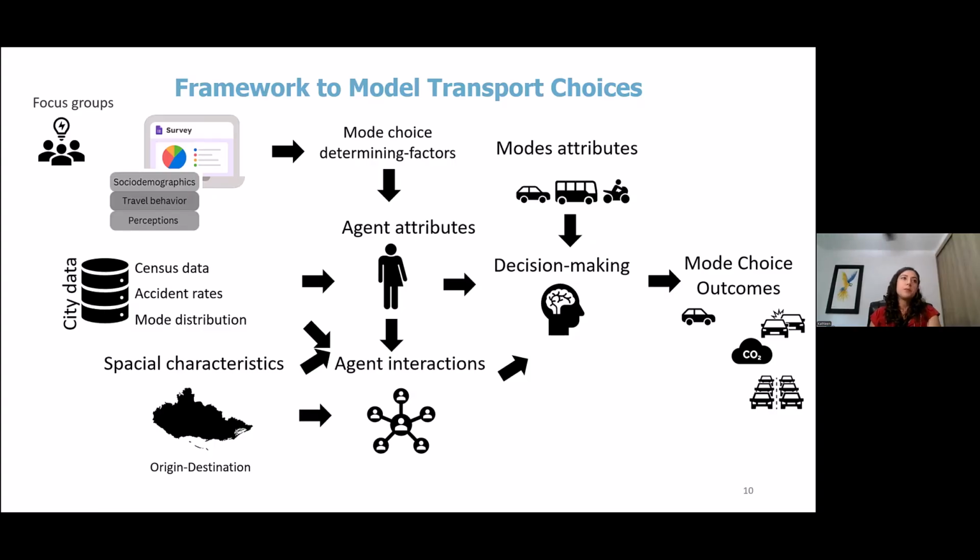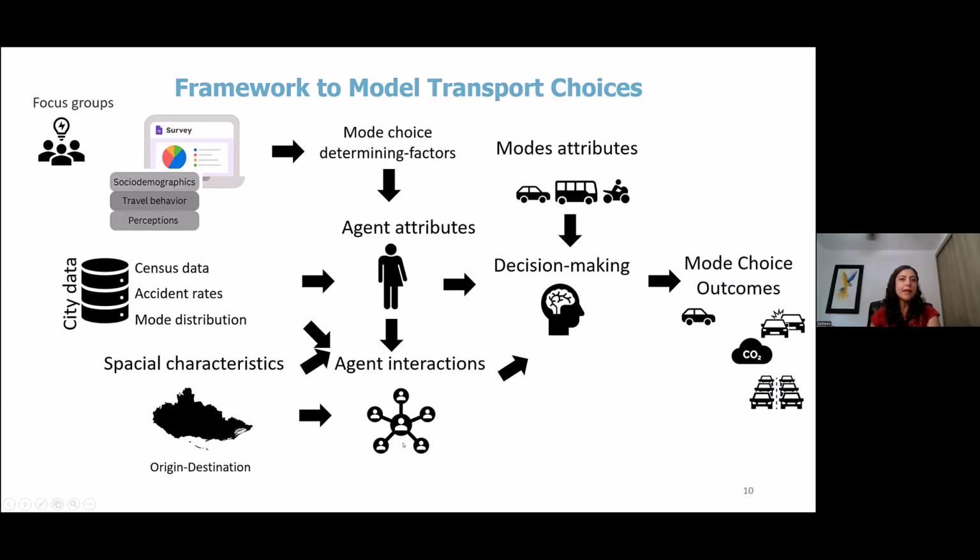But also we needed information from the city, like census data, accident rates, the distribution of the fleet in the city, and that also affects the characteristics of the agent. And we also needed to describe the environment, in this case is the city, and things like distribution of neighborhoods and the location of the household and the workplaces are affecting also the behavior of the agents.